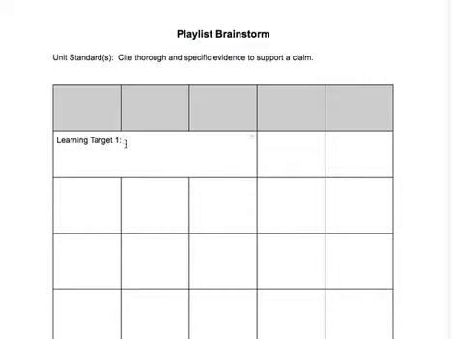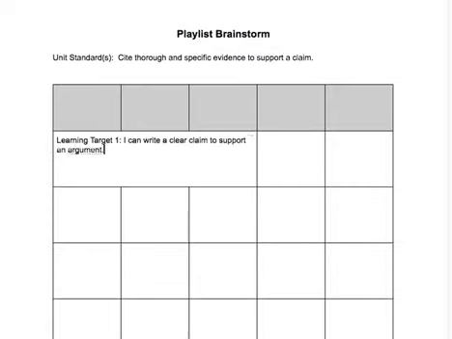It might be that because this is a review, it might be, I can write a clear claim to support an argument or something like that. So it's that very first I can statement, and we're going to do that before we do anything else.